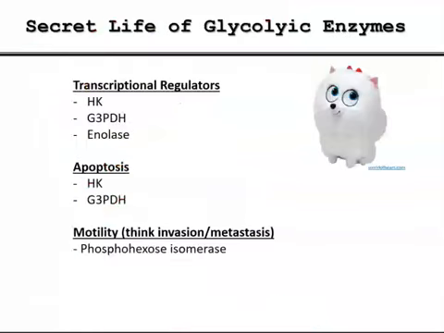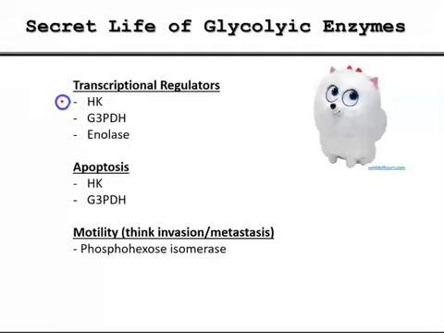Many glycolytic enzymes are multitaskers and they have more than one job within cells. Indeed, we're finding out more and more that enzymes have other roles than what we traditionally have characterized for them.